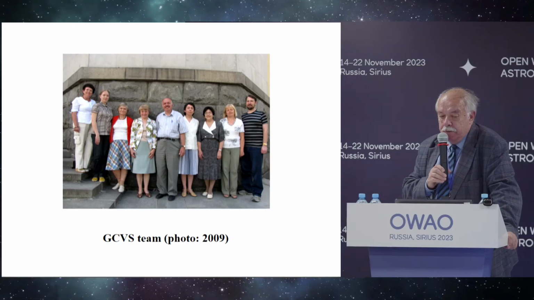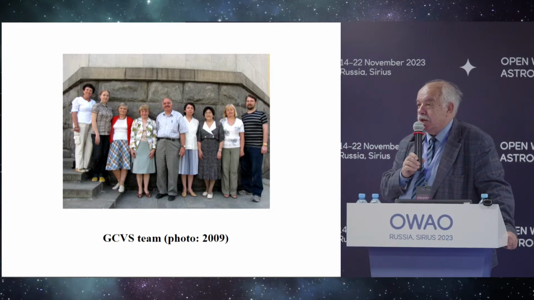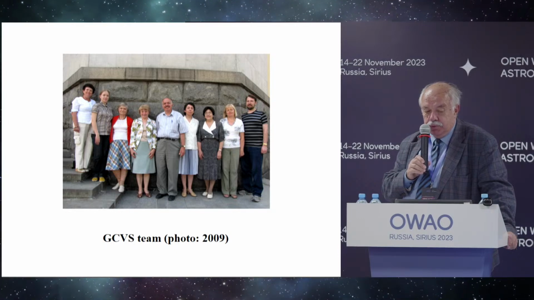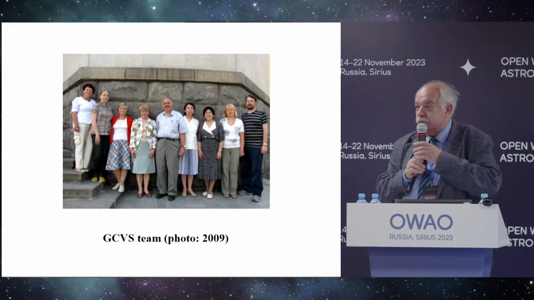Unfortunately, our team is not young. Here I show you our team, and some of these people are working on variable star catalogs as their main task, and some do not. And if you look attentively, there is only one really young person among us.